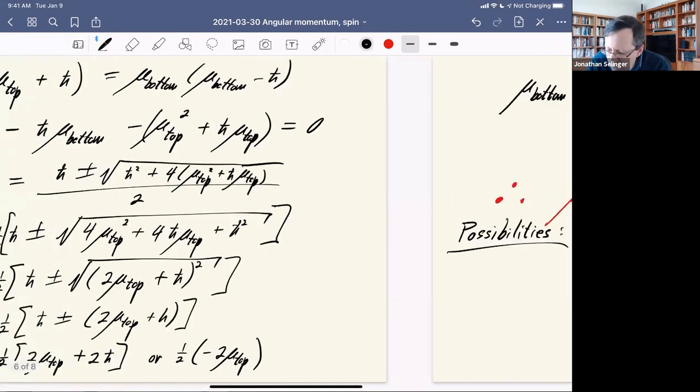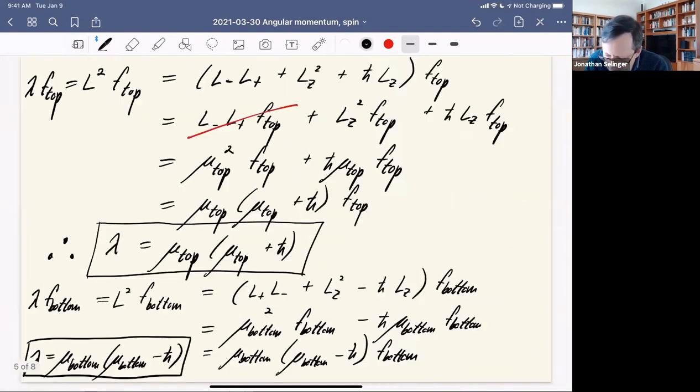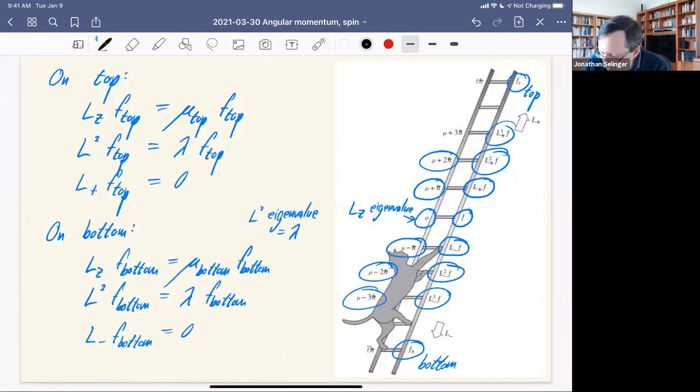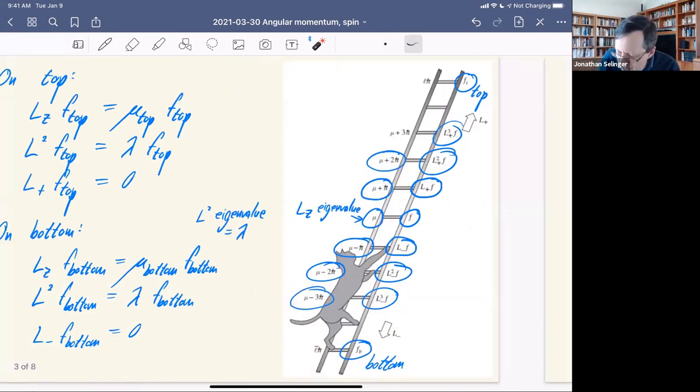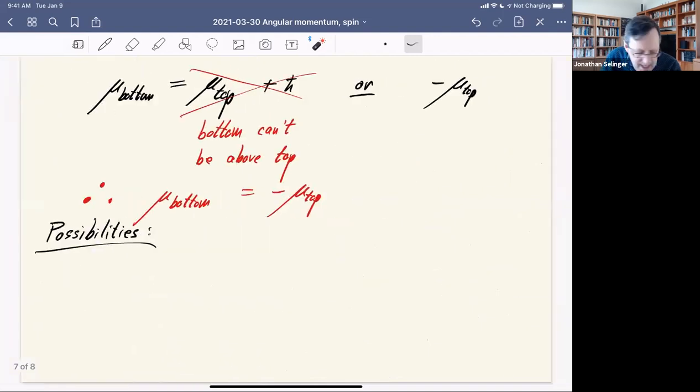That's what we figured out yesterday, when we found the eigenvalues are something, something plus h bar, something plus 2 h bar. So the spacing has to be h bar, and the bottom has to be the negative of the top.